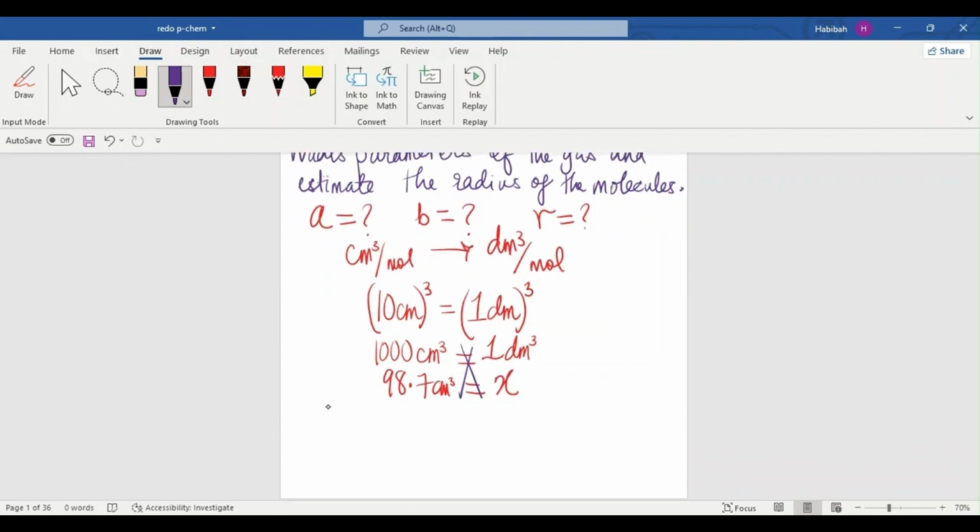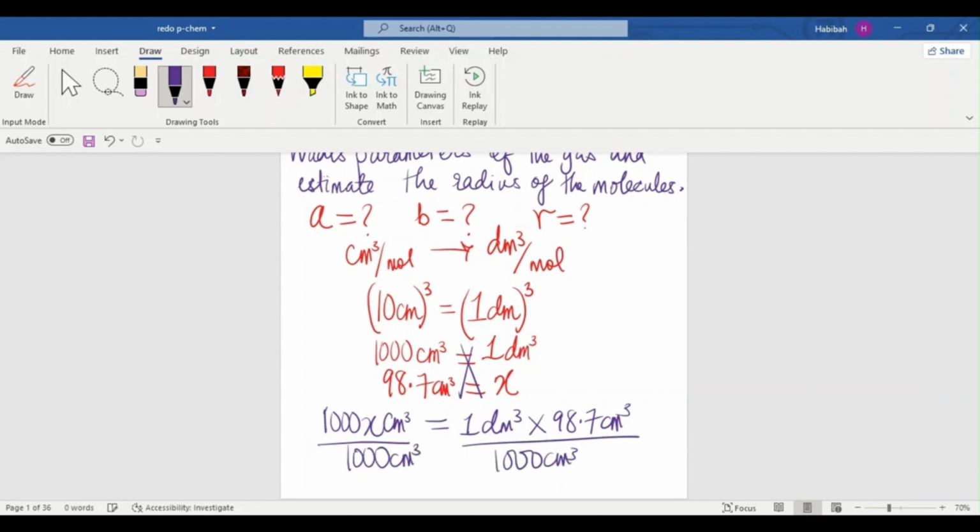It's going to be 1000 centimeter cube times X, which is just 1 decimeter cube times 98.7 centimeter cube. Cancel both sides by 1000 centimeter cube, so the centimeter cube cancels out. So this would simply mean X is equal to 98.7 times 10 raised to the power of negative 3 decimeter cube.